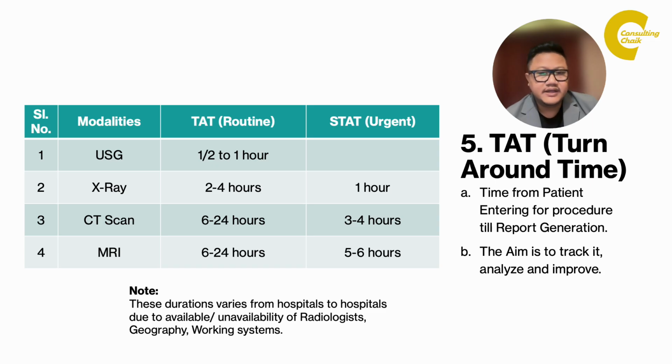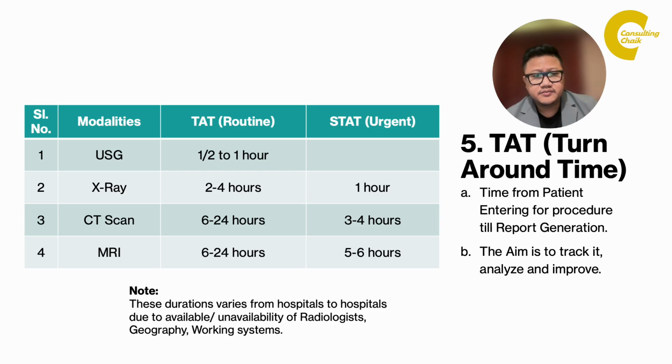In general, as per my experience, for USG the turnaround time is about 30 to 60 minutes, and because it is short, there is no stat for that. For X-ray, it varies.